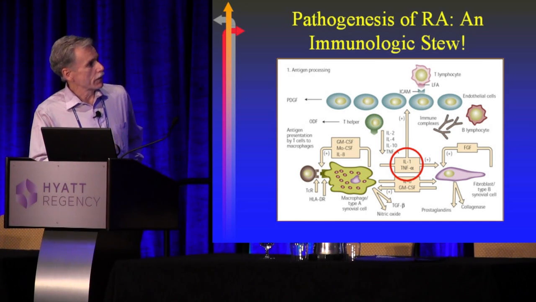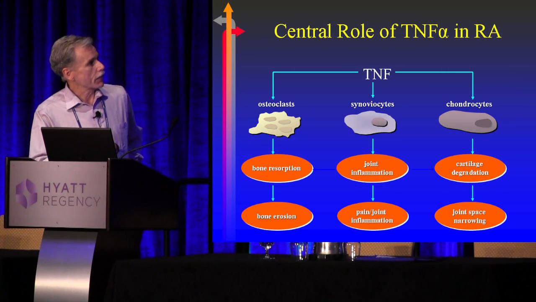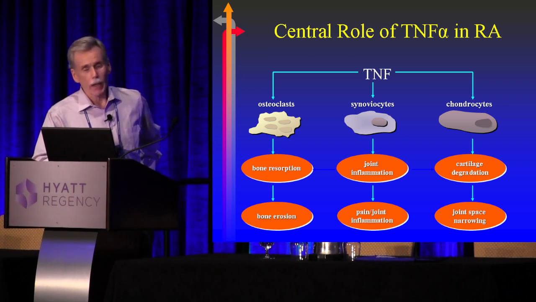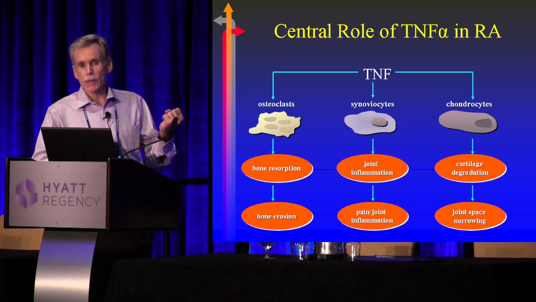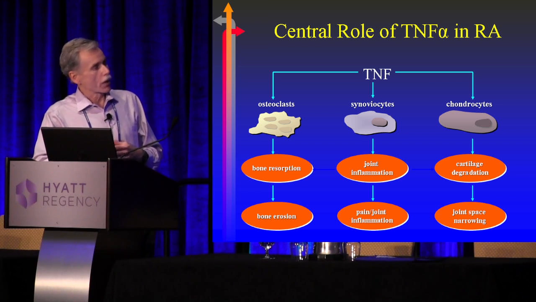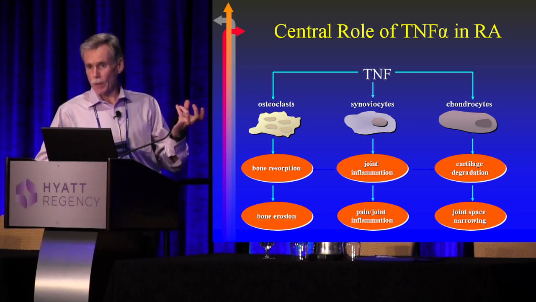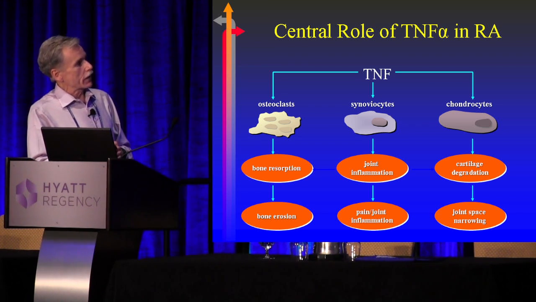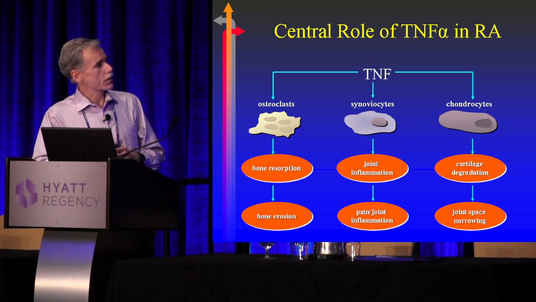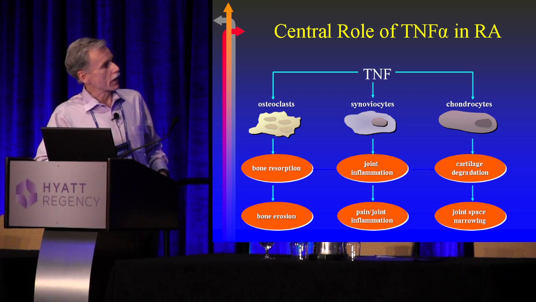And it turns out that through understanding the central role of TNF-alpha in rheumatoid arthritis, we know that TNF-alpha, for example, stimulates a cell type in the bone called osteoclast to erode bone and over a period of months or years damage bone and cause severe deformities. We know that TNF-alpha causes proliferation of the synovium that I showed you a picture of. That leads to chronic joint pain and inflammation, and also erodes and damages the intra-articular anatomy.